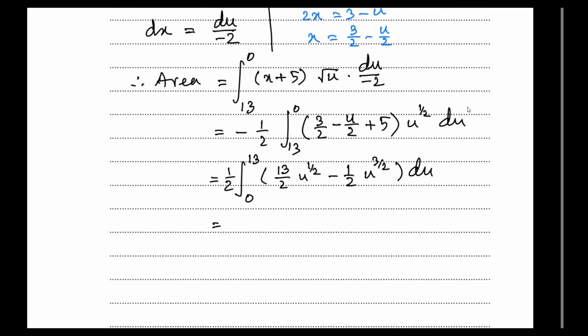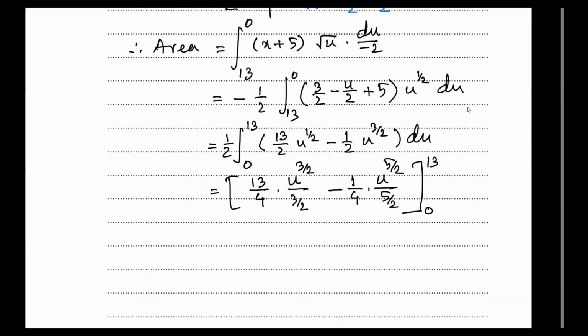You can multiply by half first. So let's multiply: 13 by 4 u to the power half minus 1 by 4 u to the power 3 by 2. Integration of this is 13 by 4 u to the power 3 by 2 divided by 3 by 2, minus 1 by 4 u to the power 5 by 2 divided by 5 by 2. That's the integration and the limit. Now substitute the limit.